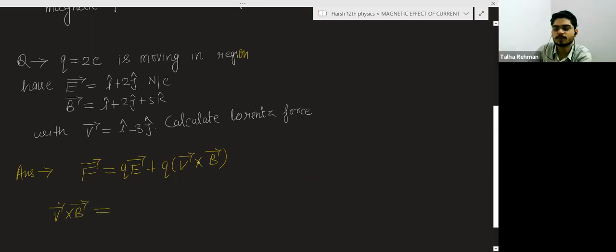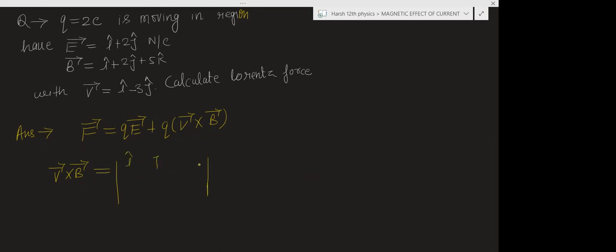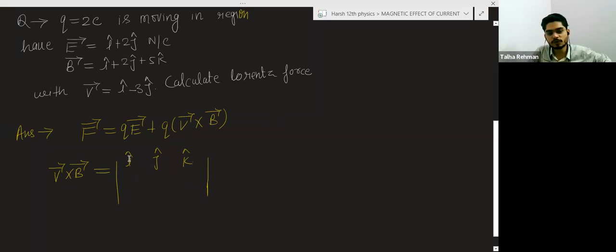For the cross product, what you should do is make the brackets like this. This is known as a determinant. Here write I cap, here write J cap, here write K cap. Now here the first vector is the V vector. So write the coefficient of I cap for the V vector.